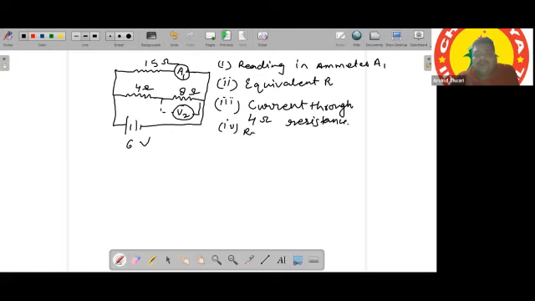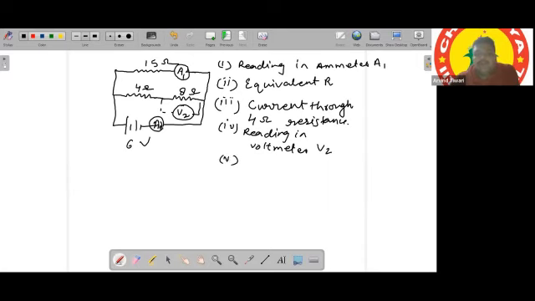Reading of V2, or reading in voltmeter V2. This is your A2.